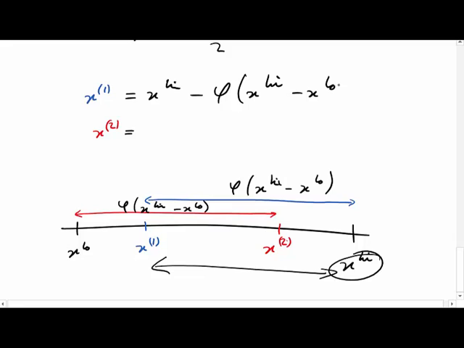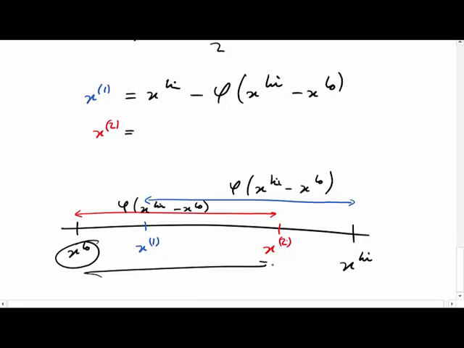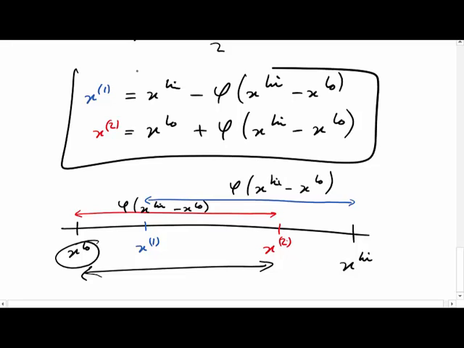Whereas x2 is measured from x low, and it lies to the right of x low, so it's plus: x2 equals x low plus phi times x high minus x low. x1 lies to the left of x high, so it's minus. That's basically all there is to it. It's a really nice, simple algorithm for golden section search.